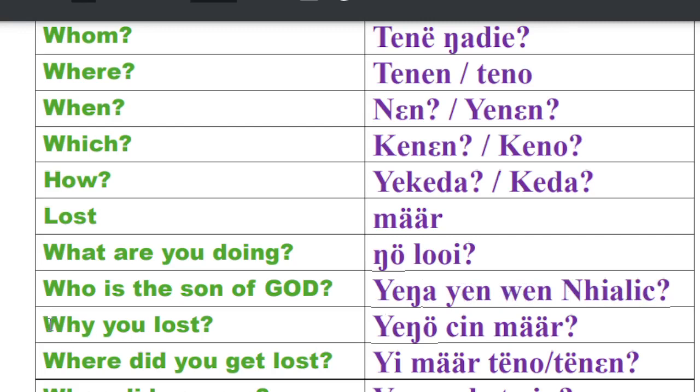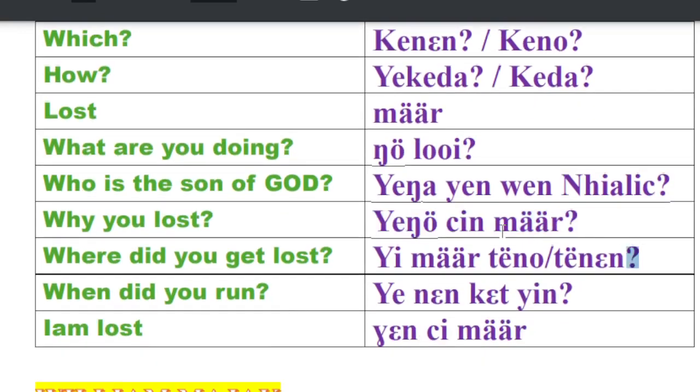The question is why you lost. Why did you get lost? The person asks you why you lost. Yengo shin mar, or yengo marine. All are correct. So we say mar before is lost. Where did you get lost? The person wants to know where exactly you got lost.